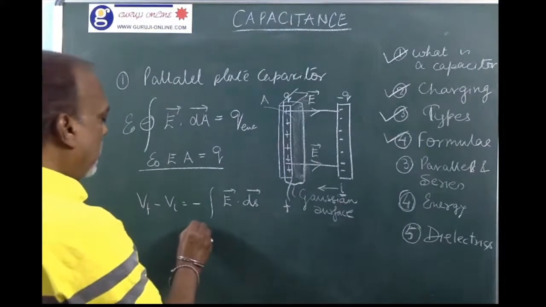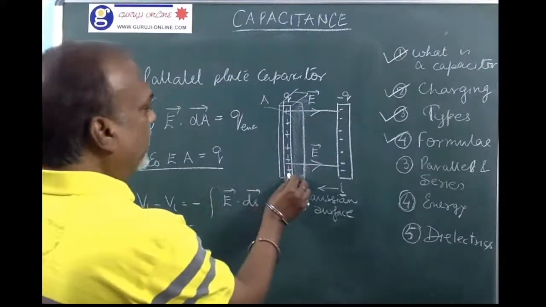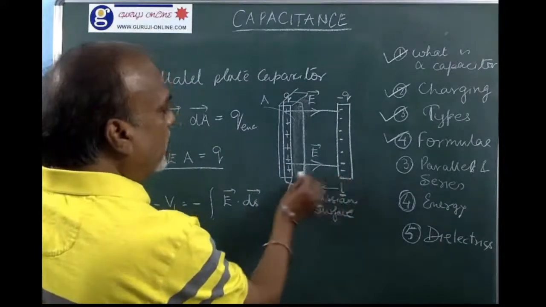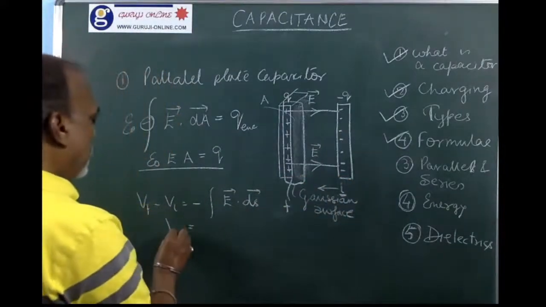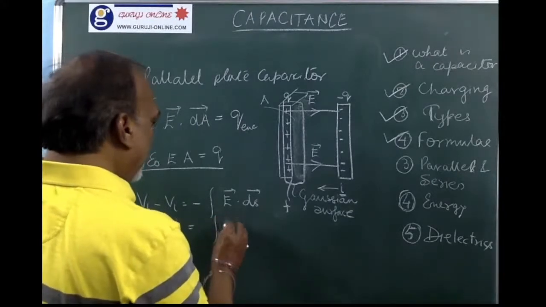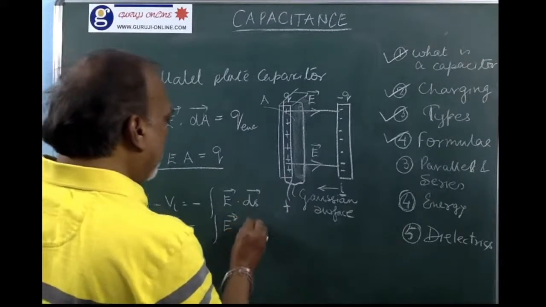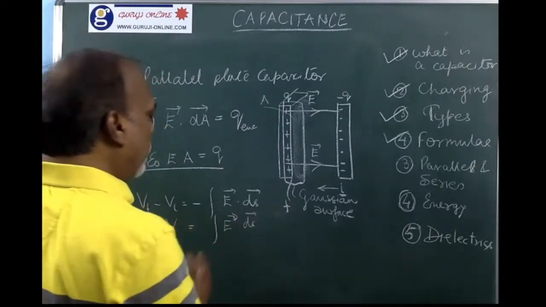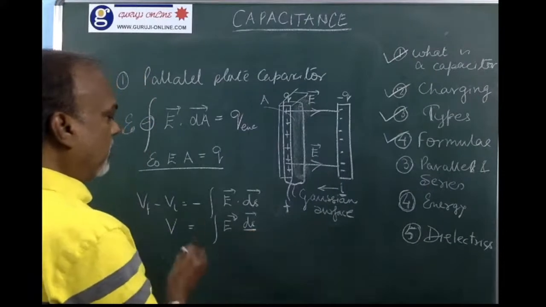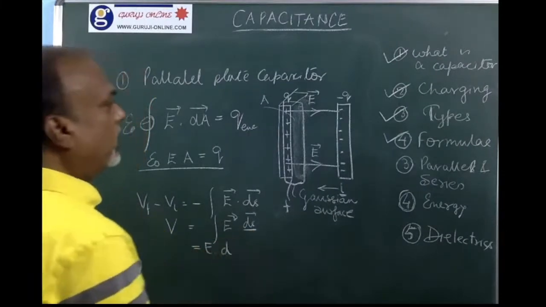And what about Vi? This Vf will be at higher potential, this will be at lower potential. So this difference, suppose it is V, then this will become E positive, and if we integrate it, then it will be nothing but E into D. What is D?